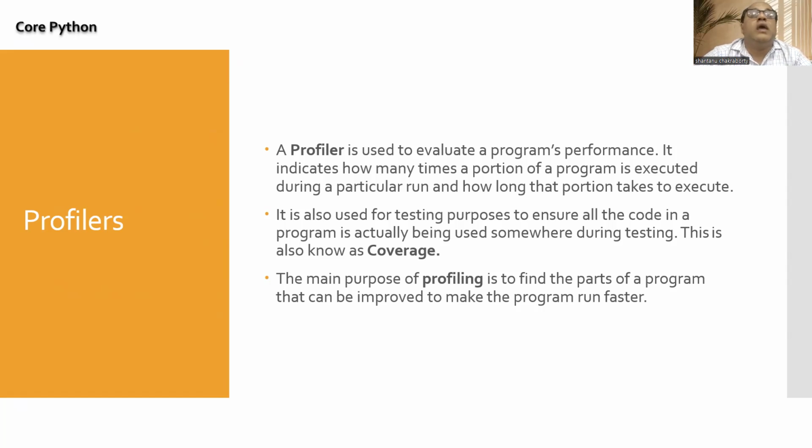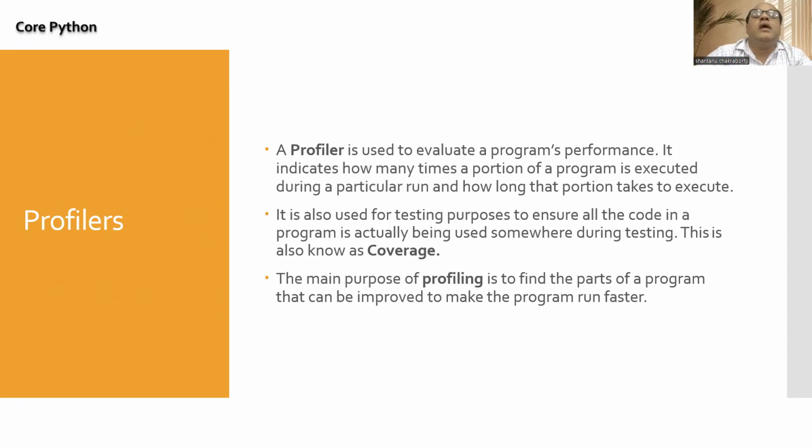Profiling is basically to find out the parts of the programs that can be improved to make the program run faster. So it also increases the performance and the efficiency of the program, because if you're able to profile the parts by which you can optimize or reduce your execution time or your response time, that has a very direct impact on the performance of the program.